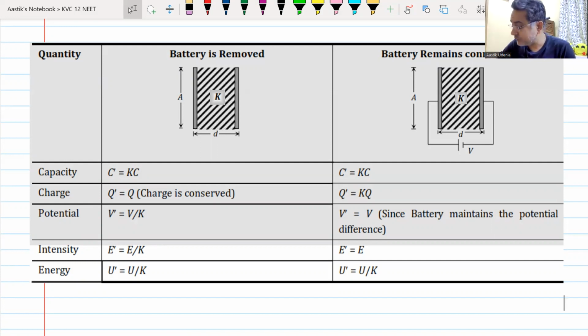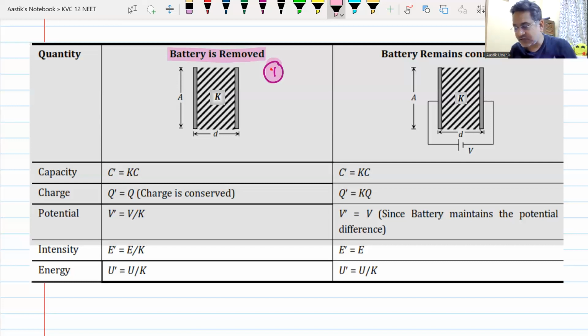Now, here in case number one, I will call it the pink case. In this pink case, the dielectric slab is inserted, but once we have charged the capacitor, we have removed the battery, and then we have inserted the dielectric slab.